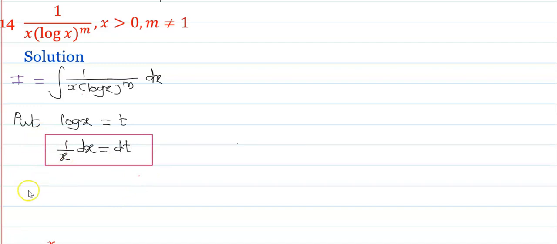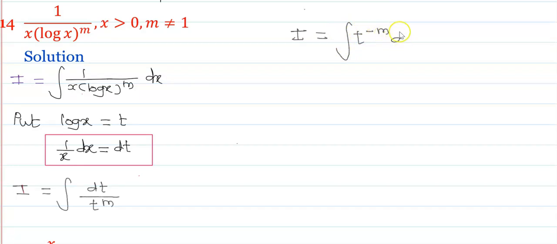Now our integral changes. I is equal to integral. The value of dx upon x is dt upon t raised to m, and therefore I is equal to integral t raised to minus m into dt.